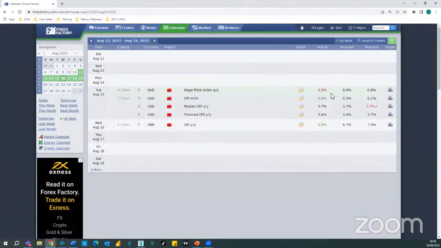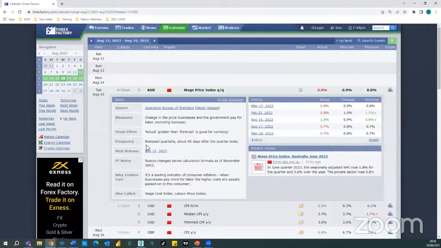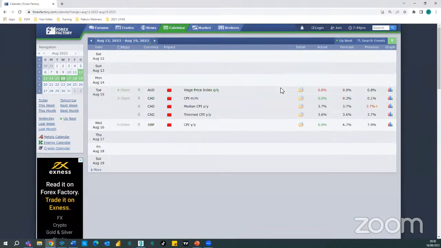But most important is when the wage index goes lower, right, it's considered negative. Like you can check again and see how it's treated. So greater than forecast is good for the currency, but if it's lower, it's bad for the currency. But again, it means a reduction in the wages.